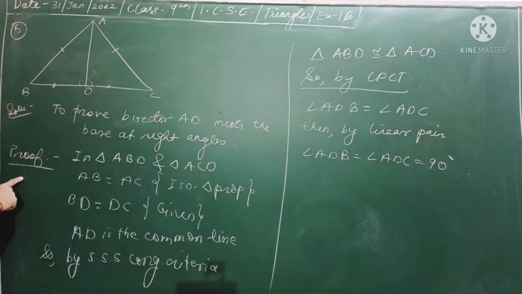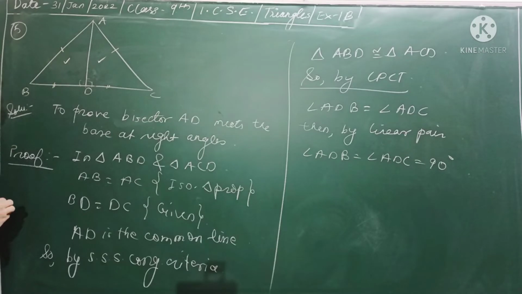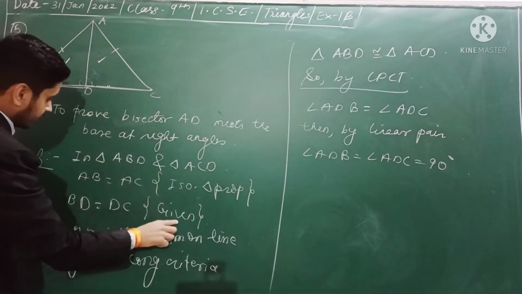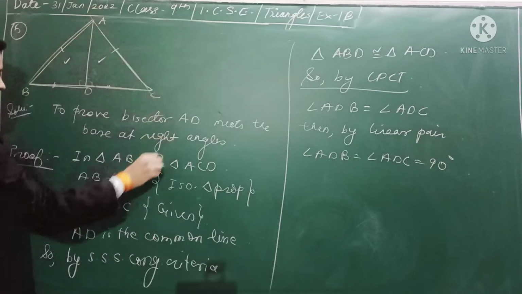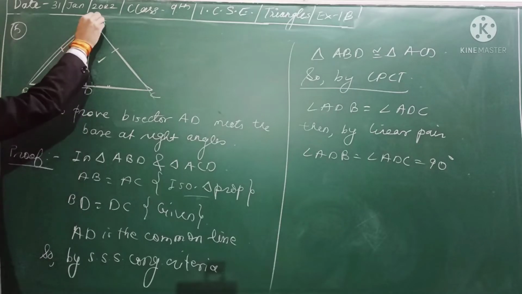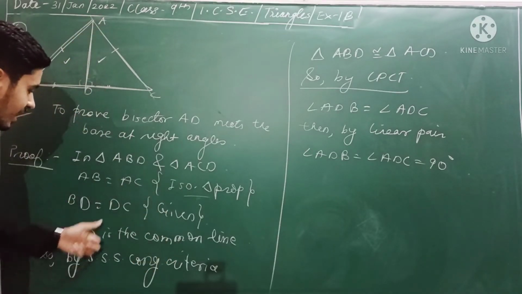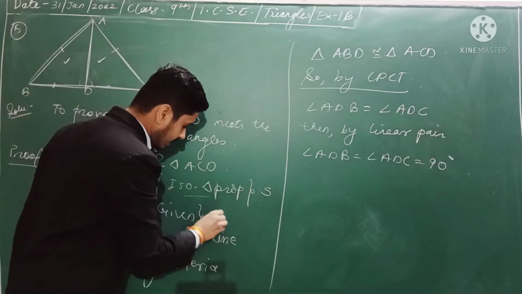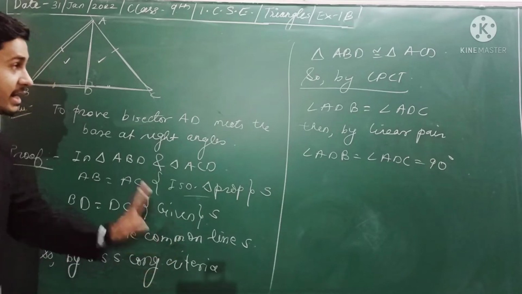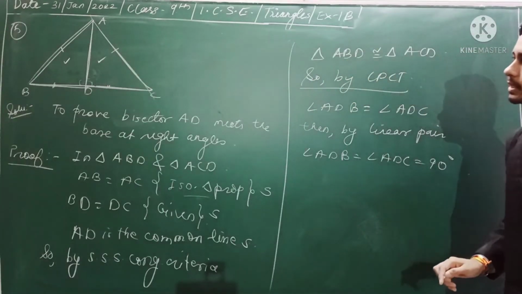So what is the proof? In triangle ABD and triangle ACD, these two triangles we are taking. We know that BD is equal to CD, which is already given, and AB is equal to AC because of the isosceles triangle property, and AD is the common line between these two. So we have three sides, SSS. So by side congruency criteria, these two triangles are congruent to each other.